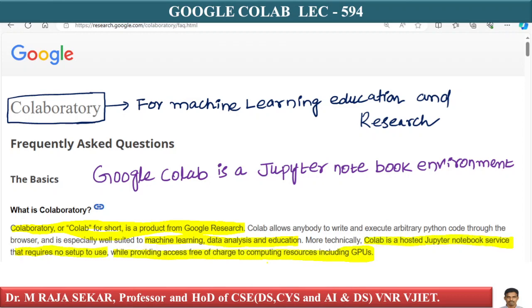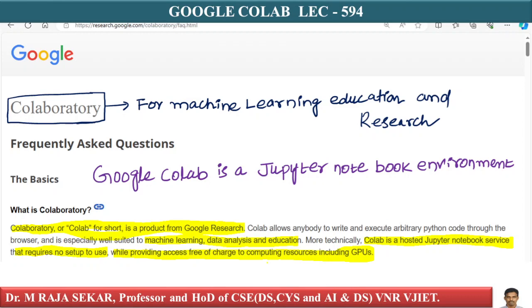Just see here what they are writing: this is well suited to machine learning, data analysis and education. Colab is a hosted Jupyter notebook service that requires no setup to use, while providing free access to computing resources including GPUs. That's why I highlighted these points.